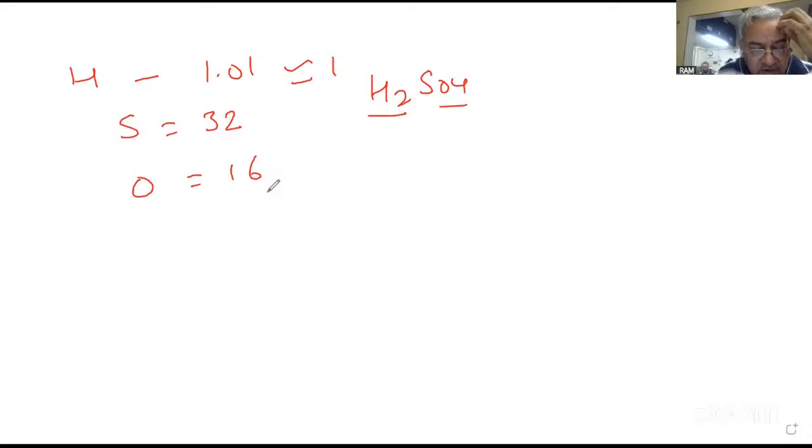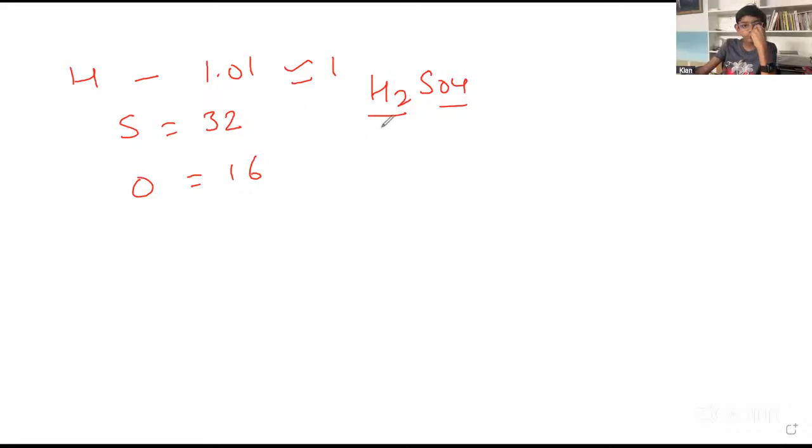Formula mass of H2SO4. H2 means two atoms of hydrogen.